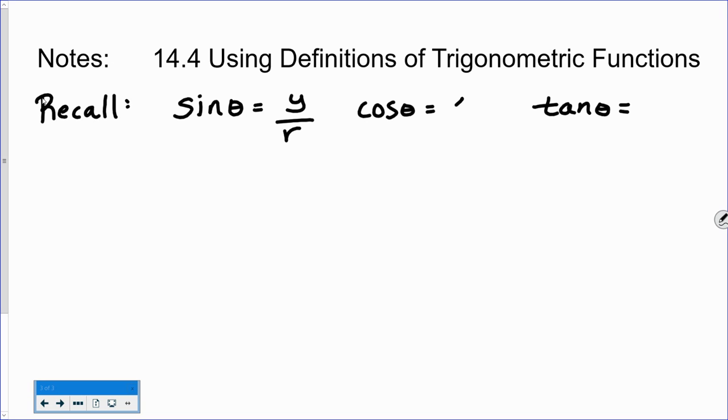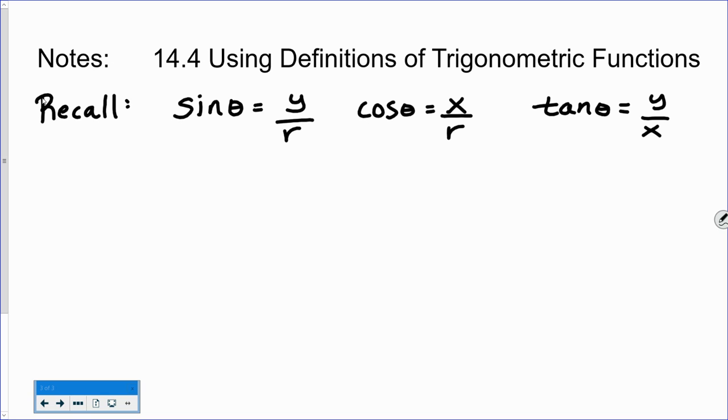Cosine is the x-coordinate over r. And tangent is the y-coordinate over x. We drew a little picture with this to see why those were the ratios, based off of our SOHCAHTOA from geometry. Eventually we want to be pretty familiar with this.